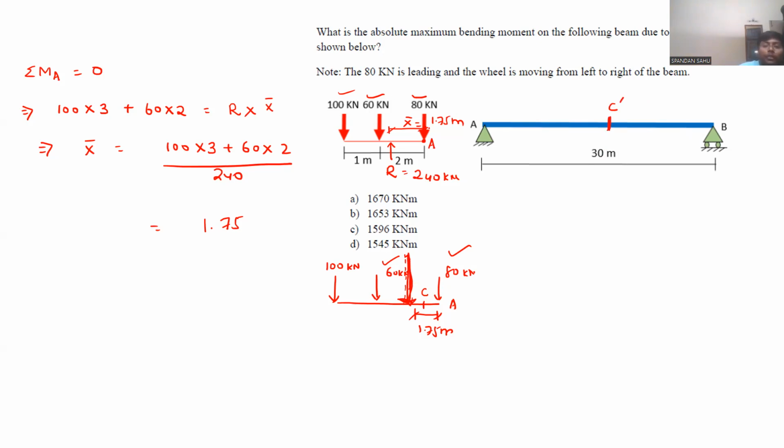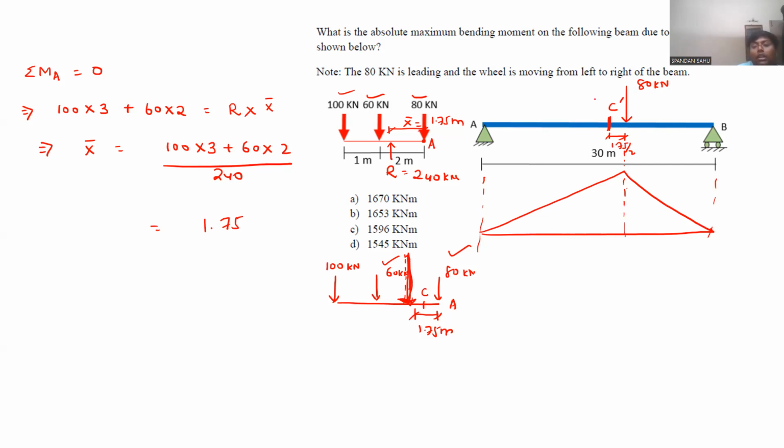Now you draw the ILD. This will be your 1.75 by 2, and at this point it will be 80 kilonewton. Taking this 80 kilonewton, you draw the ILD. The ILD will come like this.